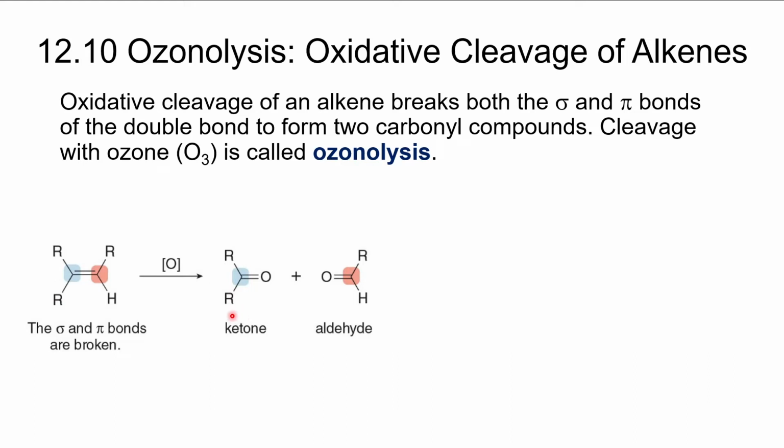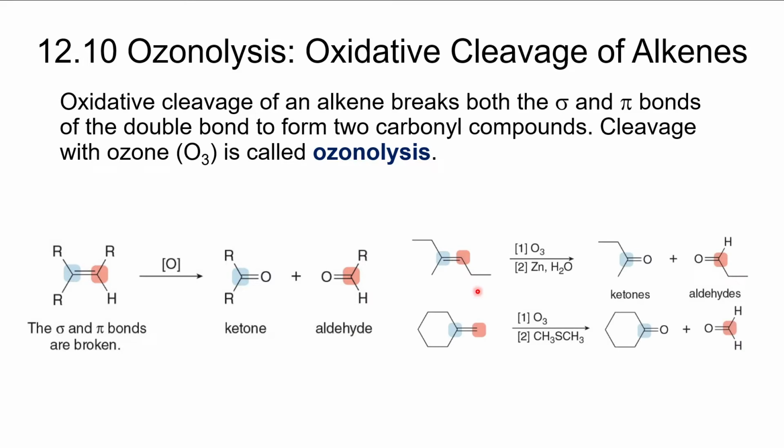We will get an aldehyde or a ketone depending on what R groups are here. If they're both carbons, we'll get a ketone. If one of them is a hydrogen, we will get an aldehyde. Here are a couple of examples. So with this, we oxidize that carbon-carbon double bond. Here we get a ketone.